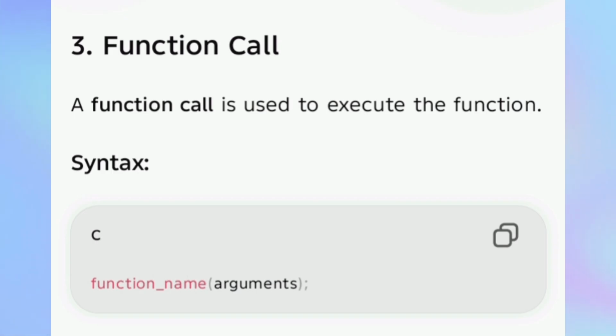Let us assume the previously discussed int add function has two parameters of type int, so I can pass two integer values. Let us assume 5, 5. That means it adds the two values, sums them and returns the value. 10 is the output.